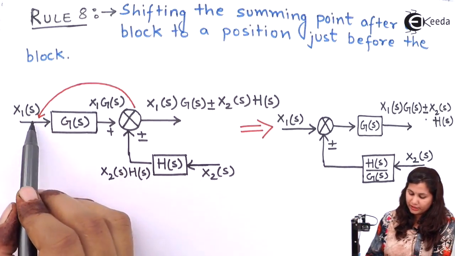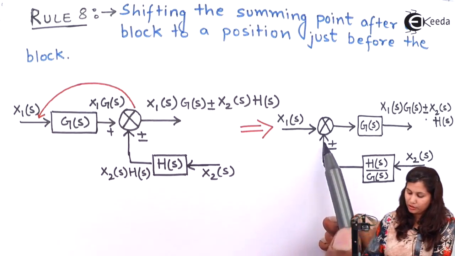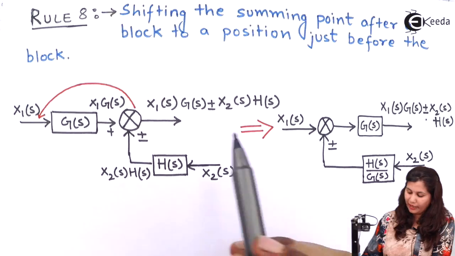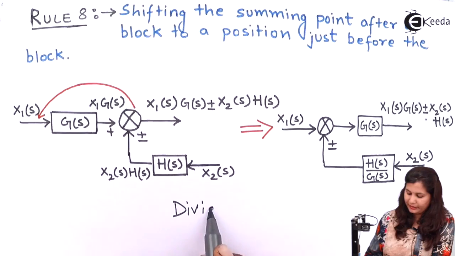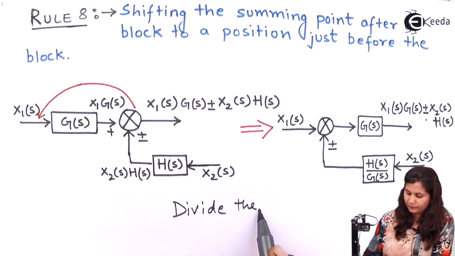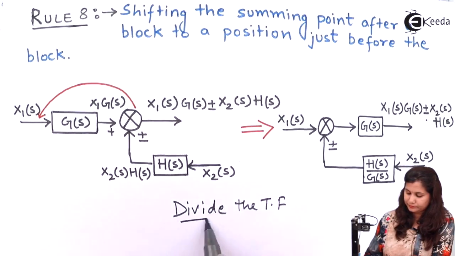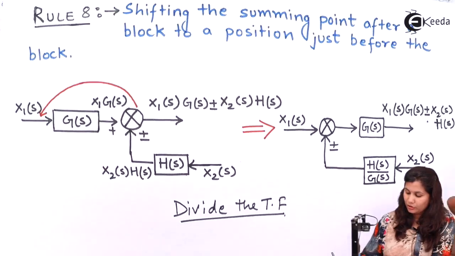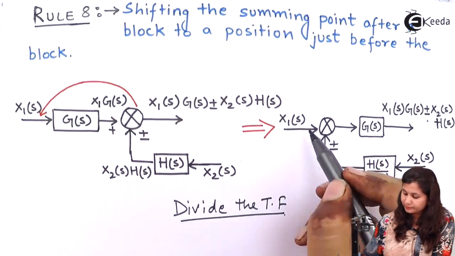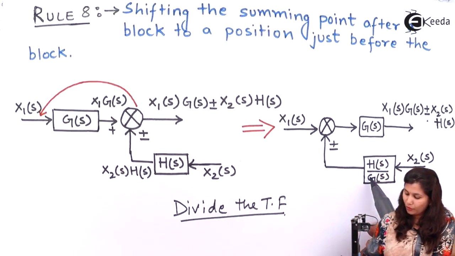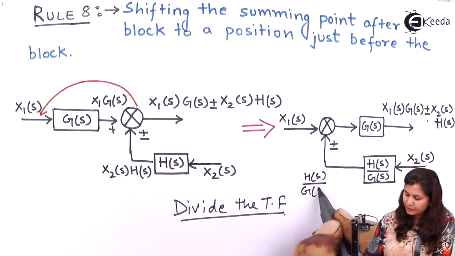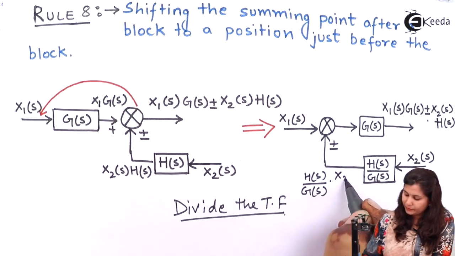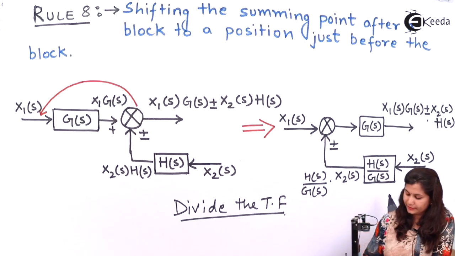Now if you shift this summing point before the block, then you have to divide the H(s) by G(s). In this case you are dividing. So let's see what is the effect. The output of this is H(s) by G(s) multiplied with X2(s).